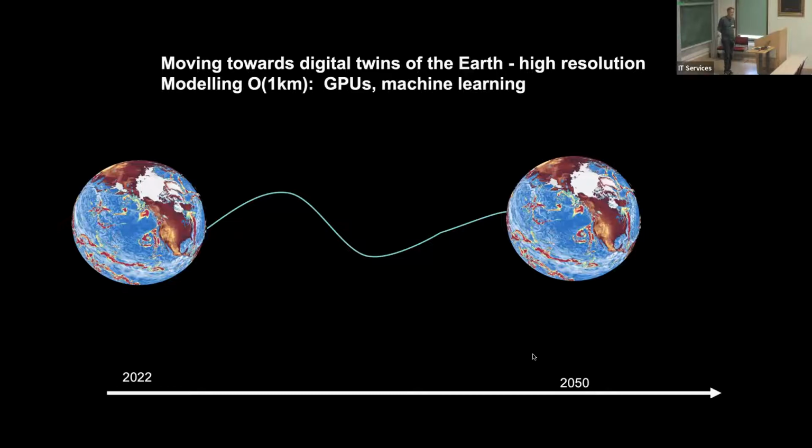For example, there is a major project going on in Europe at the moment called Destine that has the goal in the next 10 or so years to produce a digital twin of the Earth that would consist of a model like that, but even higher resolution. So they're aiming for a resolution of roughly kilometer scale. So it's quite a bit of a beast.